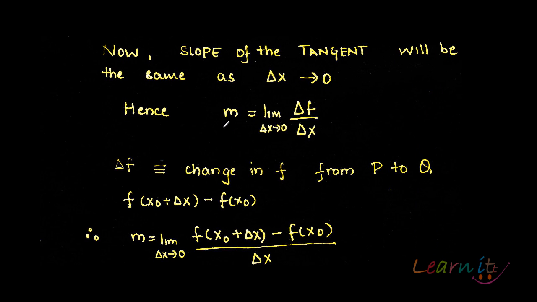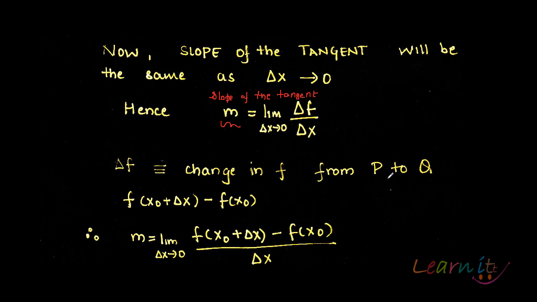So we need to find out M, which is the slope of the tangent. It is nothing but change in f upon change in x as this change in x goes to 0. Change in f is essentially your change in f from P to Q, right?